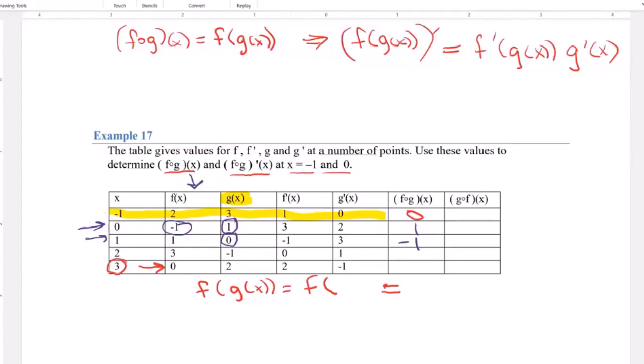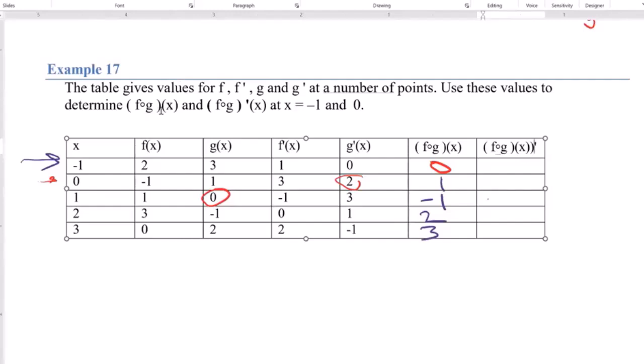Next, we have f of -1, which is equal to, now I go back up to the top, 2. So this is equal to 2. And last, g of x is equal to 2. So f of 2, I go here to where x equals 2, I find f of 2 equals 3.